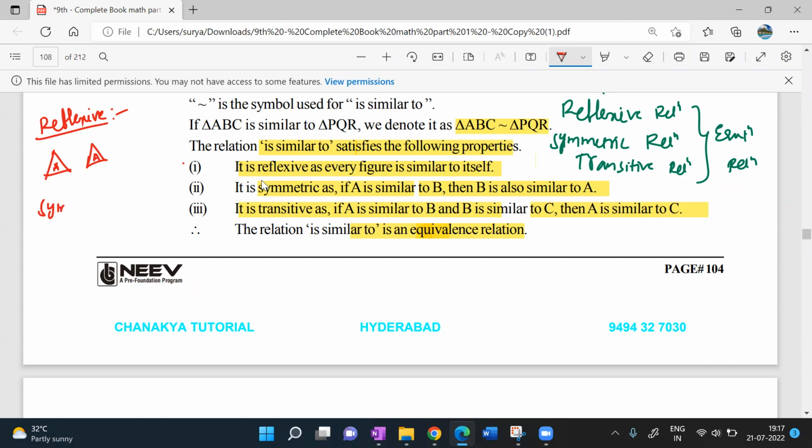Symmetric relation is nothing but if A is similar to B, then B also must be similar to A. Then only we call it symmetric. Any doubts? No, sir.